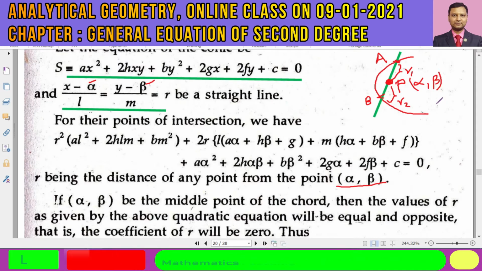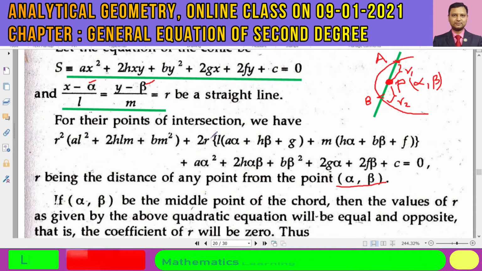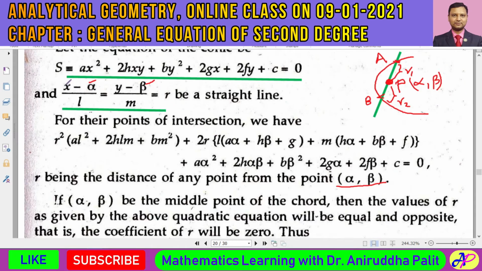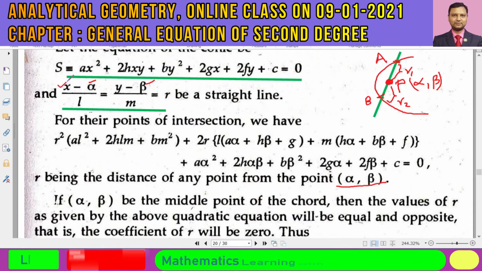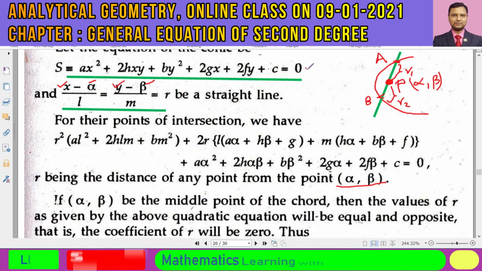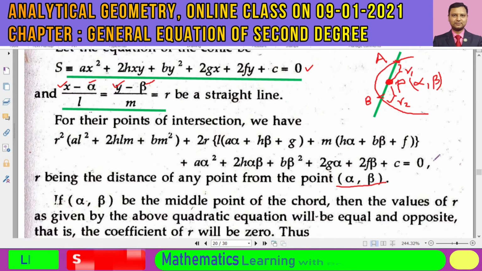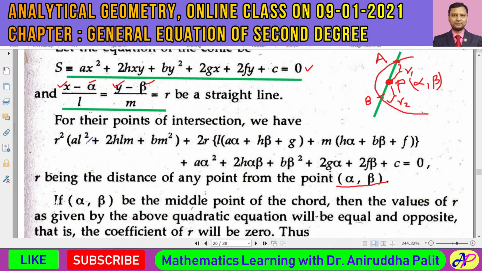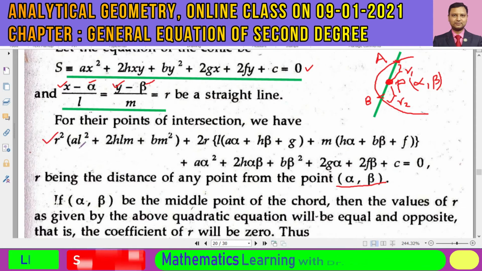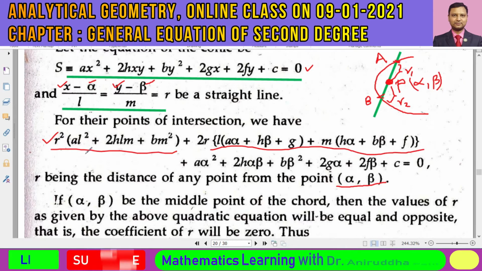You see, if these are the distances R1 and R2, then R1 and R2 will be obtained by putting the expression of x and y from the equation of the straight line into the equation of the curve, and then ultimately we will get a second degree equation involving r. This is the coefficient of r, and this is the coefficient of r square.